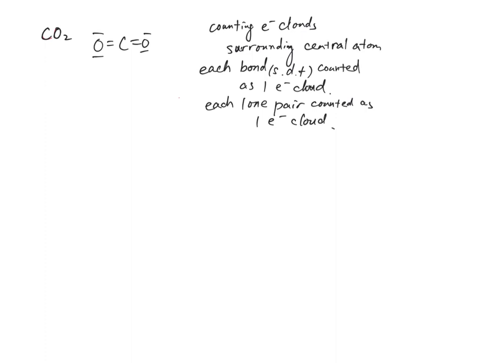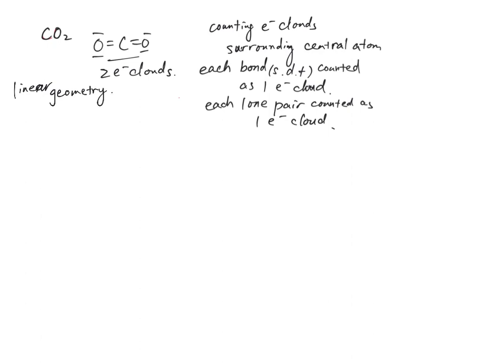In that case, your carbon here has two electron clouds. Two electron clouds, we have already seen an example of that. Let's go back. So, two electron clouds means linear, and that's linear geometry.